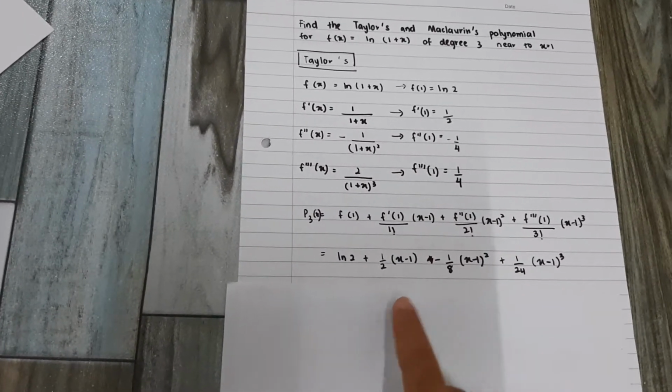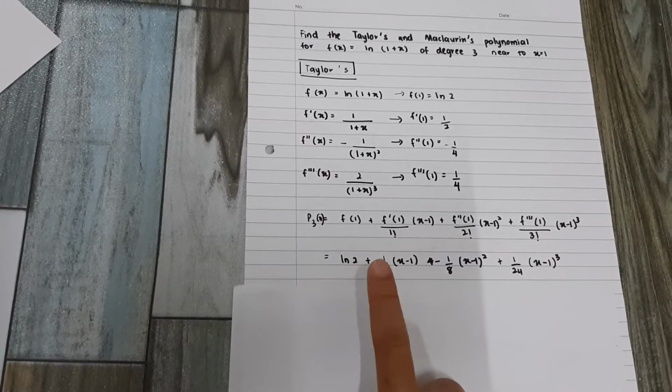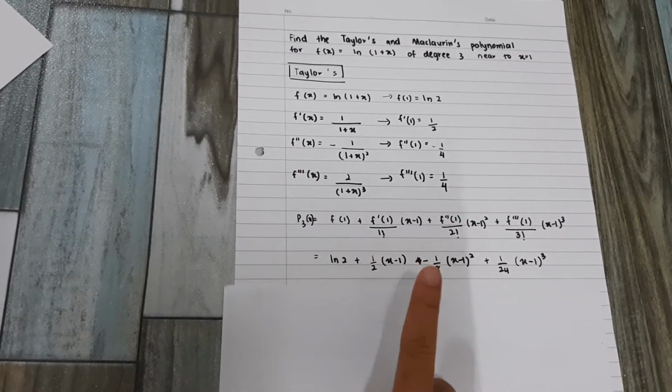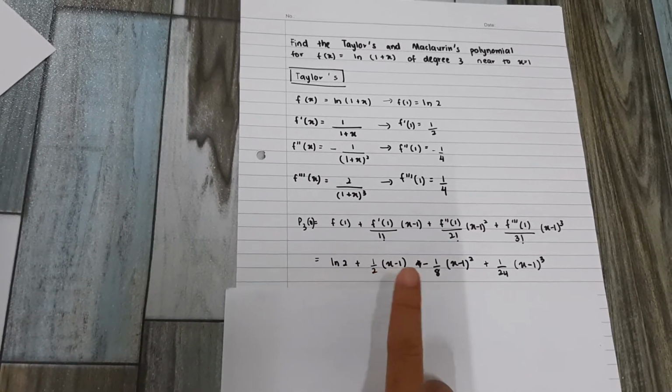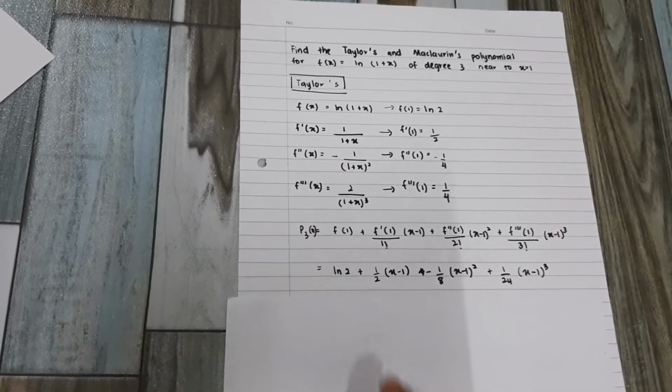Then for this polynomial, we just substitute the function values that we have. So this is the polynomial.